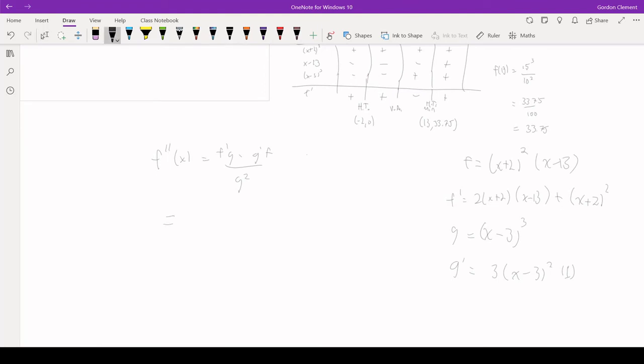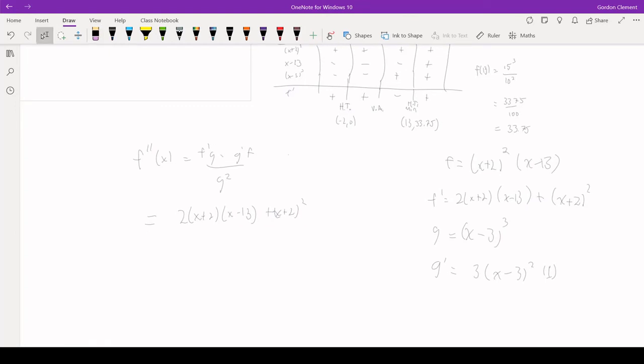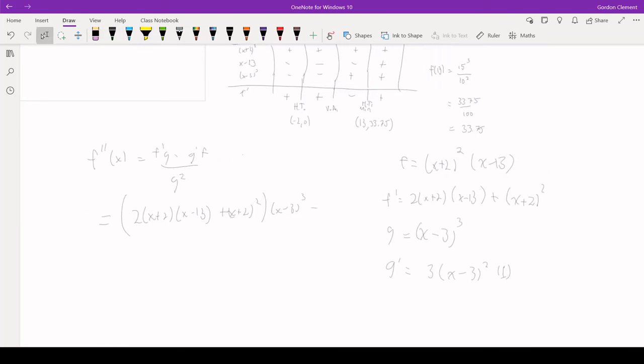So f prime is 2(x plus 2)(x minus 13), plus (x plus 2) squared, f prime, put that in brackets, there's a plus in there, (x minus 3) cubed is g, minus g prime, oh geez, I'm going to run out of room, 3(x minus 3) squared times f, (x plus 2) squared (x minus 13).